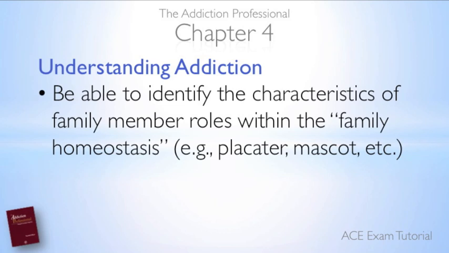Know what all of those characteristics are, all of those roles are, and again, be able to distinguish between all of them. So if the exam asks you to identify which family member is the one who acts out, abuses alcohol and drugs to take focus off dependent and unsolvable family problem, that is probably the scapegoat.